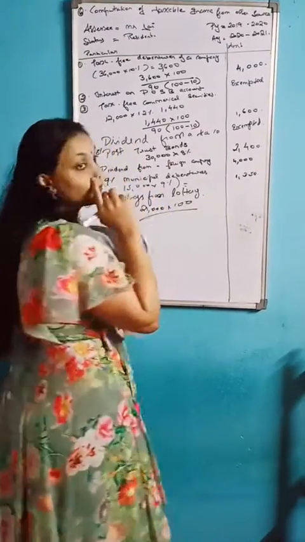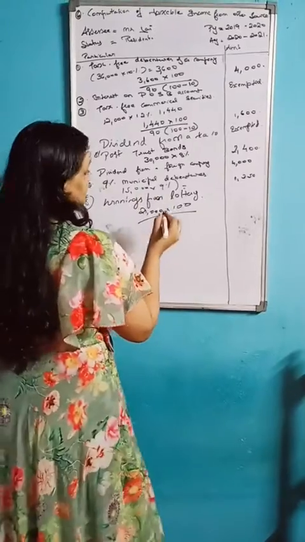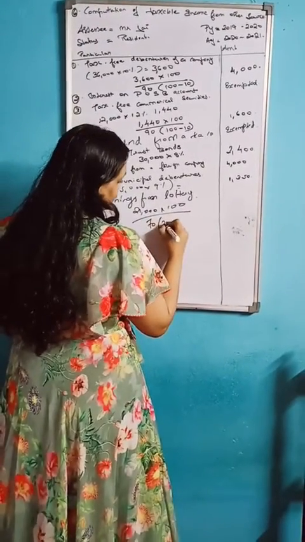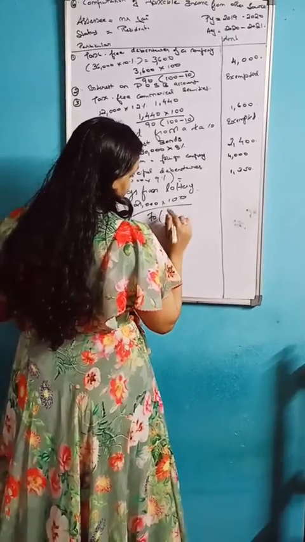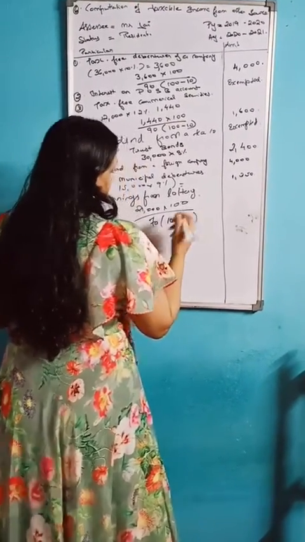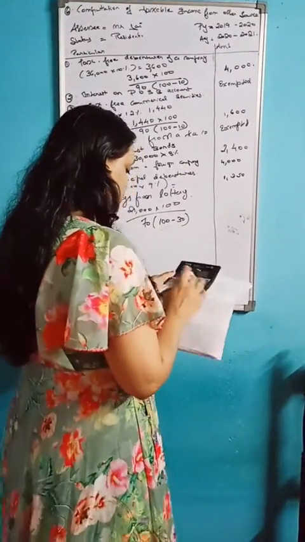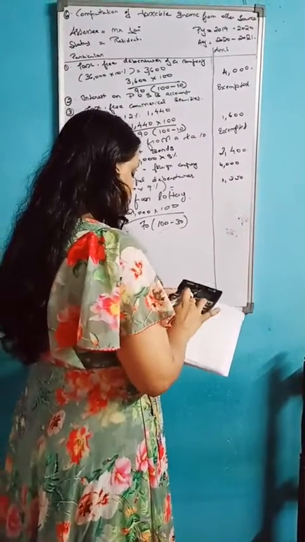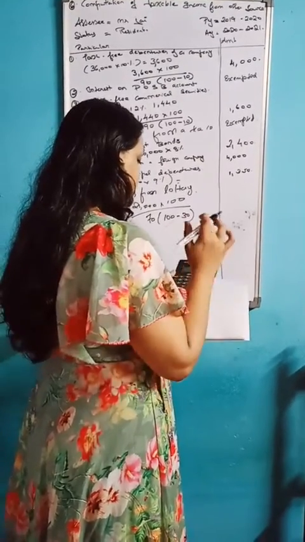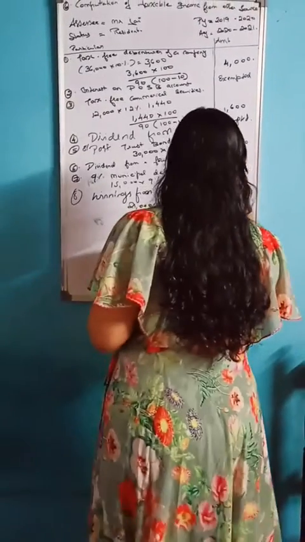The casual income TDS percentage is 30. So 100 minus 30, you will get 70. So 21,000 into 100 divided by 70, you will get 30,000.